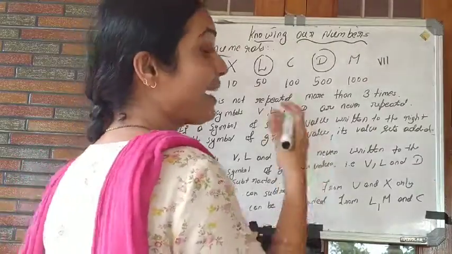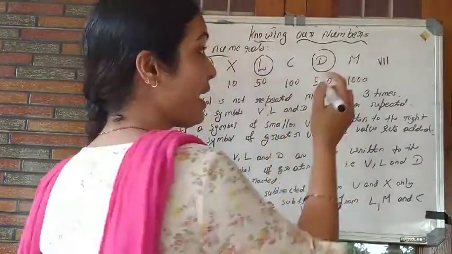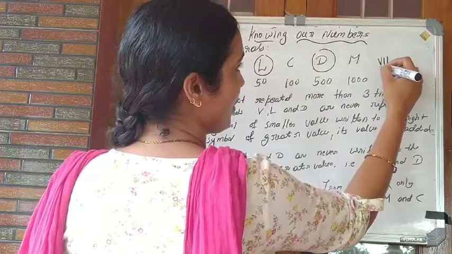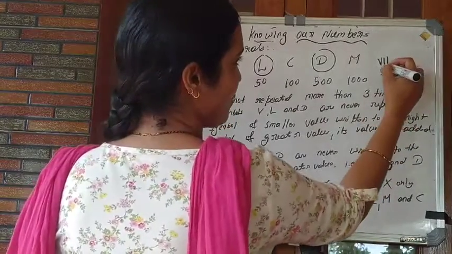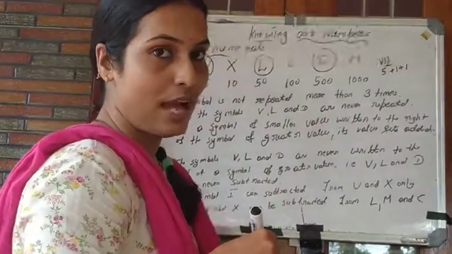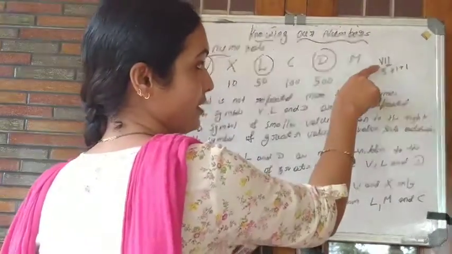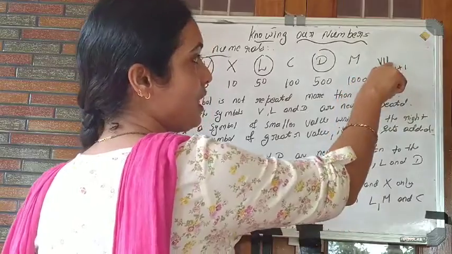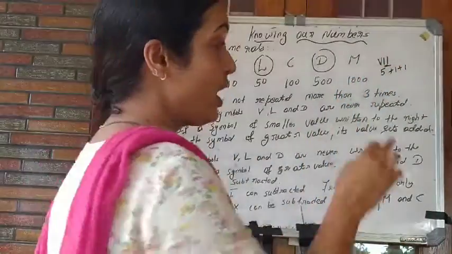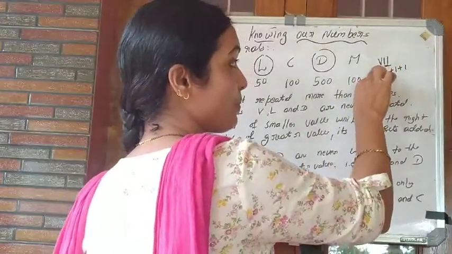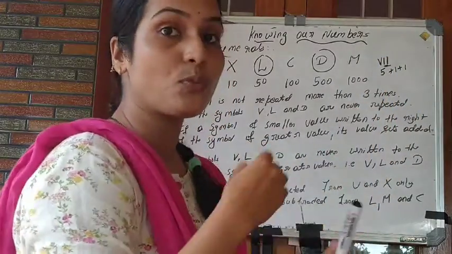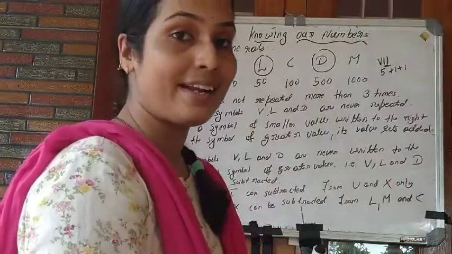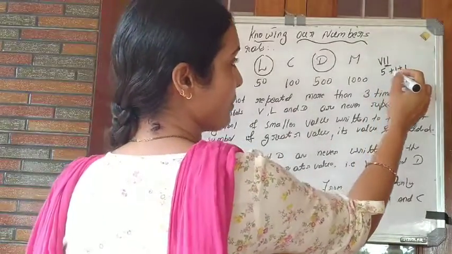Here we are adding the numbers. This indicates 5, this indicates 1, and this indicates 1. This is the greater value symbol, and these two are smaller value symbols written on the right side of the greater value symbol, so the values are added: 5 plus 1 plus 1.